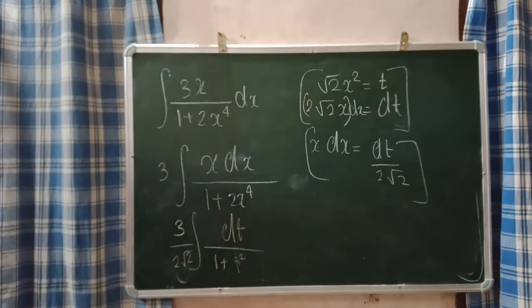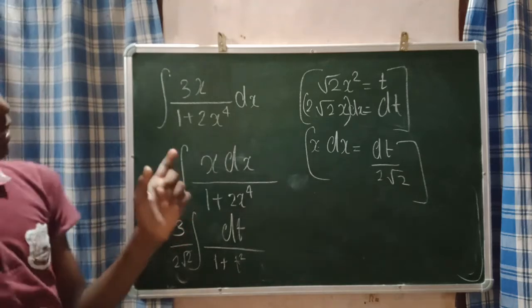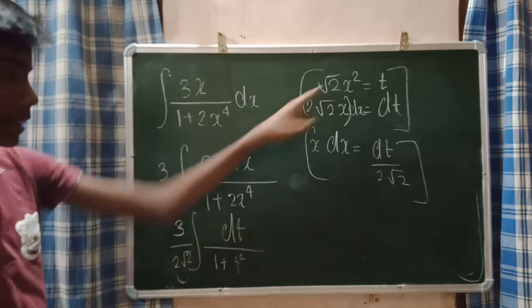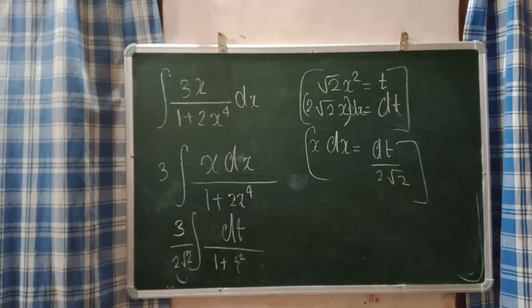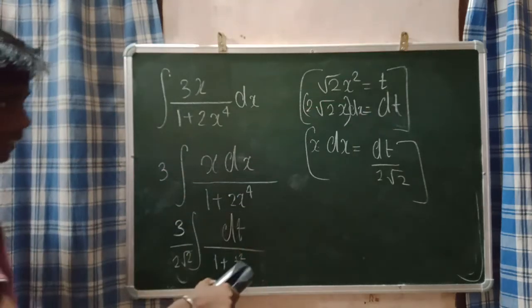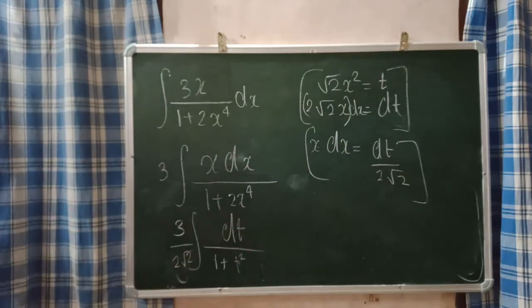If t is root 2x square, then t square will be root 2x square whole square. That will be 2 x power 4, correct, guys? Root 2 square is 2, and x square whole square is x power 4.